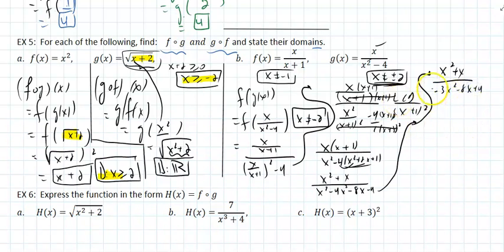So far, the restriction is that x cannot be negative 2, but then I have negative 3x squared minus 8x plus 4 cannot equal 0, or 3x squared plus 8x minus 4 cannot equal 0, and I have to see if that factors. x squared plus 8 over 3 x plus a number equals 4 over 3 plus a number.